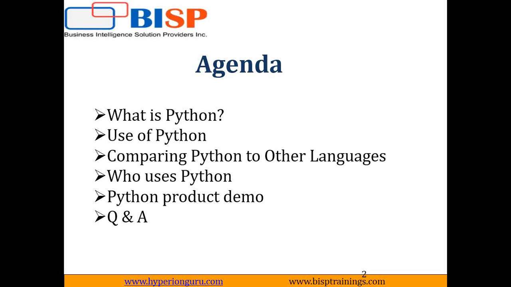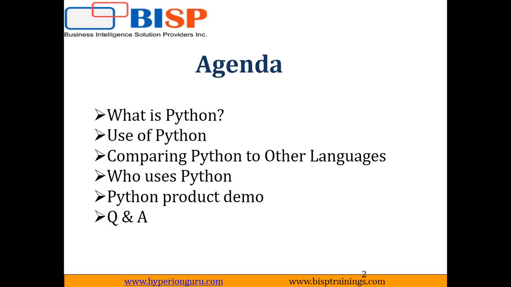So what exactly is Python? We must have heard that Python is a programming language, and it's a very easy to learn programming language. If you have a programming background, that would be an advantage for you to work on Python.